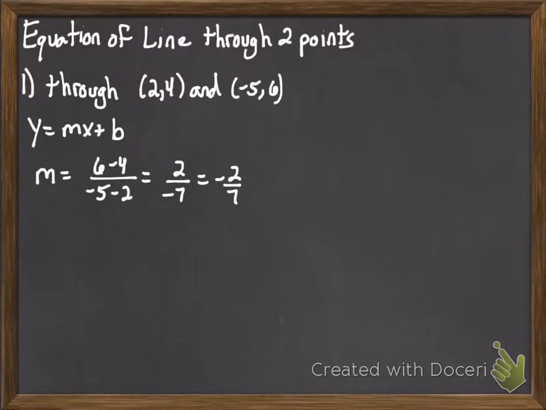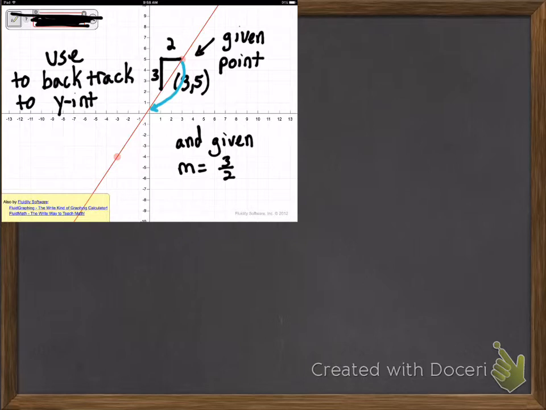Okay, once we know the slope, we can go ahead and write that down. Now, in problems that we've looked at before this, we had a single point, and we plugged that in to find our y-intercept. Well, if you think back to that visual picture, we were saying, given a point, we can backtrack along the slope towards the y-intercept.